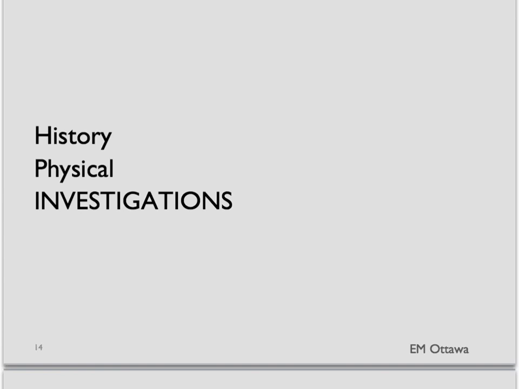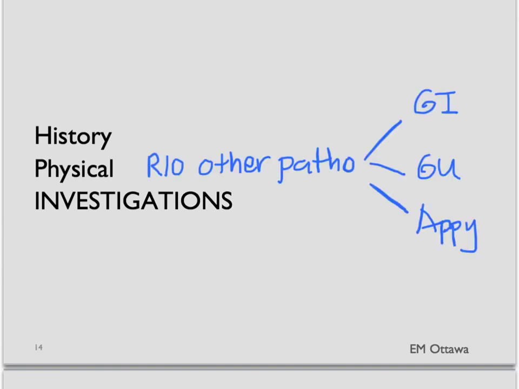In terms of physical, we want to do a physical and a pelvic exam to rule out other pathology, such as any GI causes for pain, GU causes including renal colic, pyelonephritis, UTI, or a simple appendicitis.